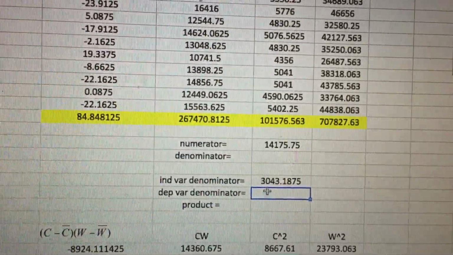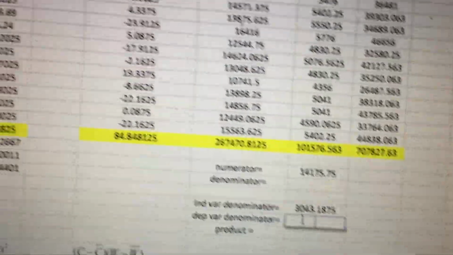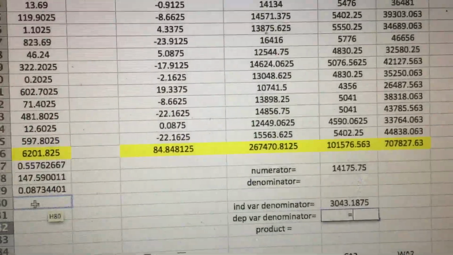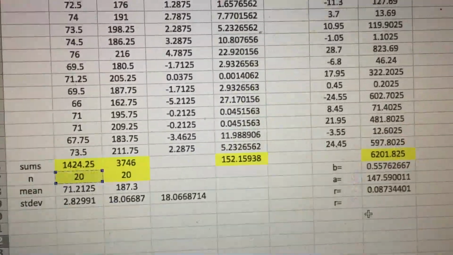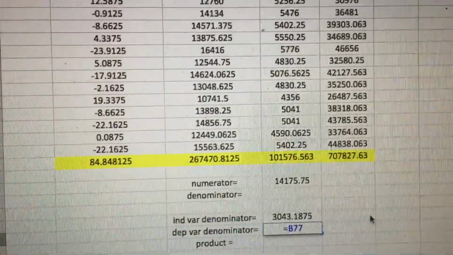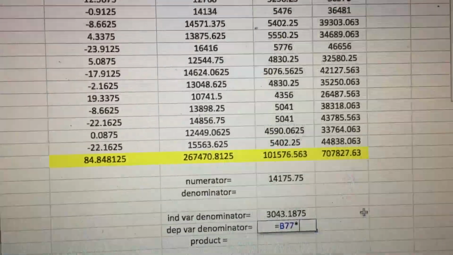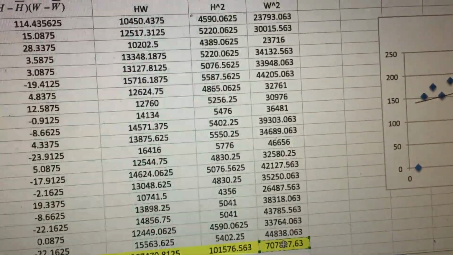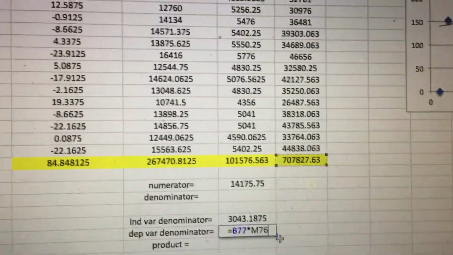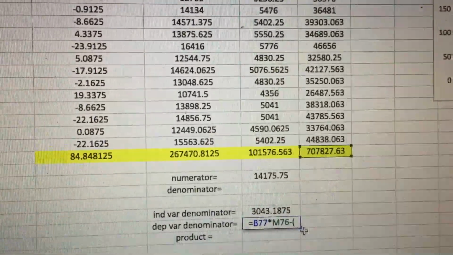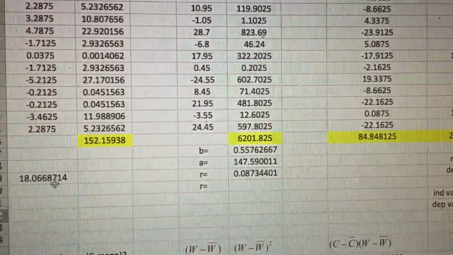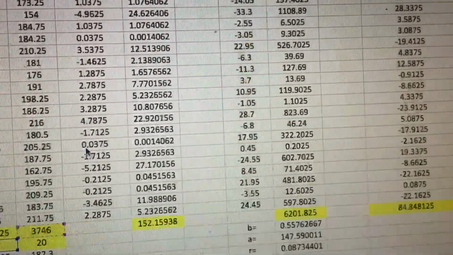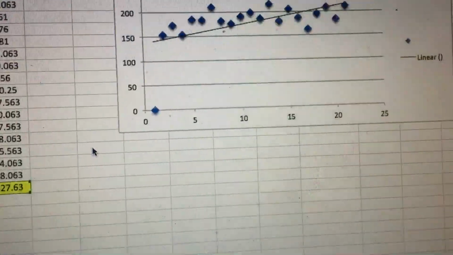And then I'm going to do that for the dependent variable, and I'm going to again get that count. Times that by the weight squared, all of those totaled up, then minus that from the sum of all the weight, and then that one particular one is squared.